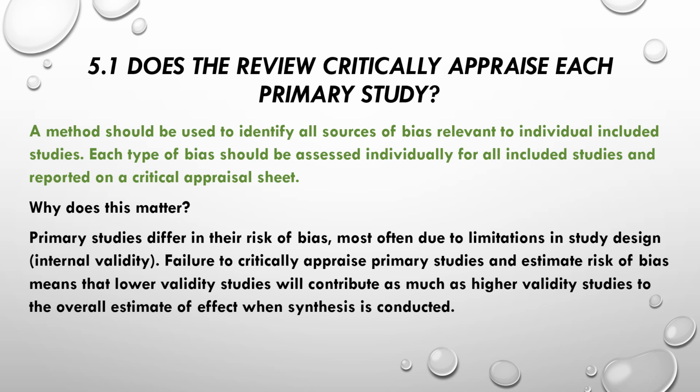Primary studies differ in their risk of bias, most often due to limitations in study design. This is sometimes referred to as internal validity. Failure to critically appraise primary studies and estimate risk of bias means that low validity studies that have high risk of bias will contribute as much to the overall estimate of effect as higher validity studies with low risk of bias when the synthesis is conducted.